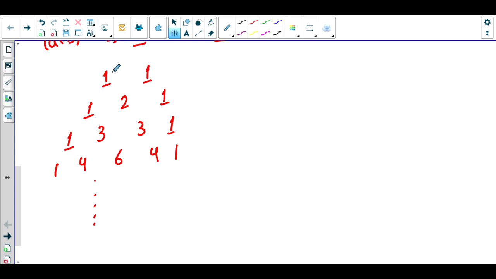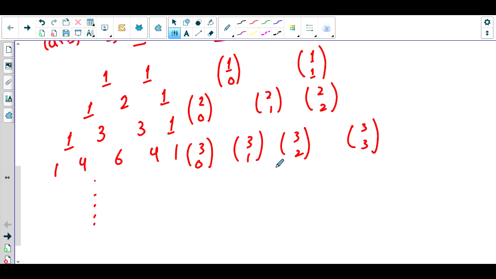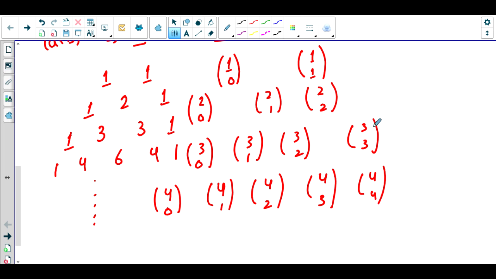So I want to use it to my advantage to get something better. Can I write this as follows: the first row as 1C0, 1C1. The second row can be written as 2C0, 2C1, 2C2. For the third row, 3C0, 3C1, 3C2, 3C3. For the fourth row, 4C0, 4C1, 4C2, 4C3, 4C4. If you solve this on a calculator, eventually you get the same coefficients. Like 1C0 is 1, 1C1 is also 1, 4C0 is 1.